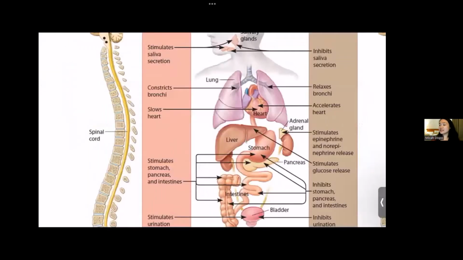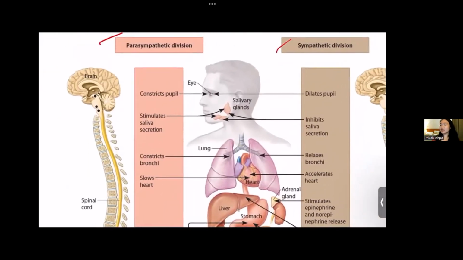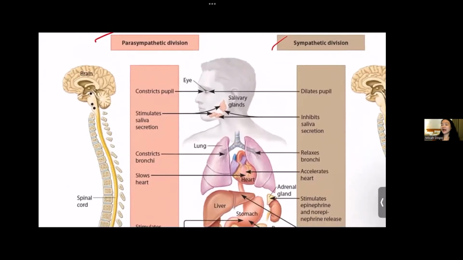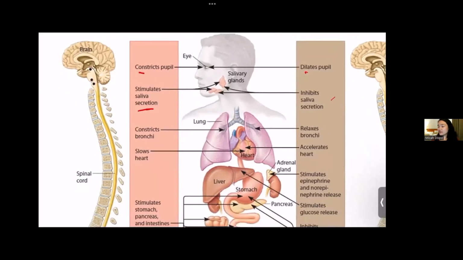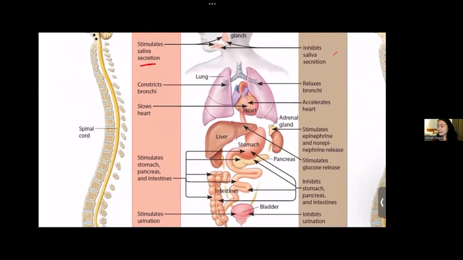Now, in the rest and digest response, what happens in our eye is that our pupils are constricted, while during fight or flight response, our pupils are dilated. Okay? In the rest and digest, there is this stimulation of salivary secretion, while in the fight or flight response, the salivary secretion is actually inhibited. So you can actually see all of these effects here.